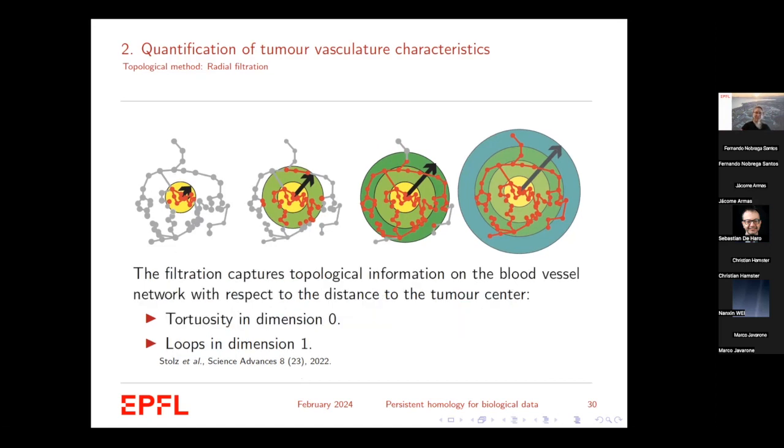What does this measure? In dimension 0, it should give us a notion of tortuosity, similar to what we saw in the brain arteries. And in dimension 1, because we have loops in this network, we can measure these loops, and we also get an idea of where they are in relation to the tumor center.